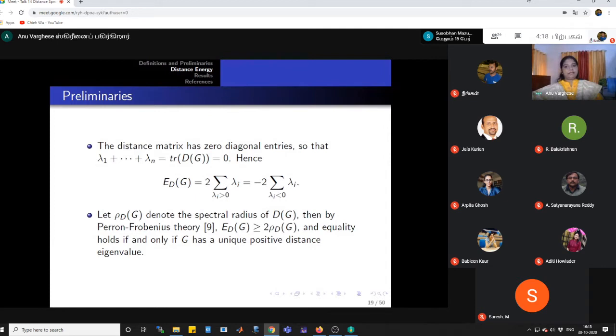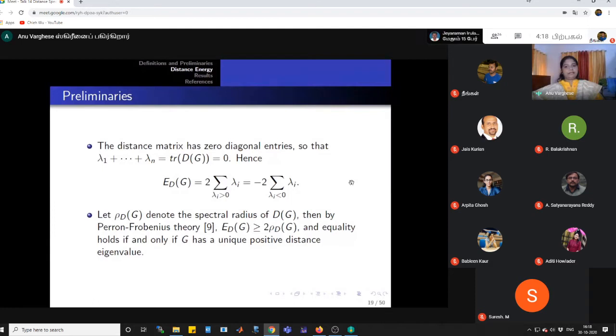We know that energy is the sum of absolute values of all the eigenvalues. So we can say that the energy of a graph G is twice the sum of the positive eigenvalues. Or similarly, the energy of a graph is minus 2 times the sum of the negative eigenvalues.